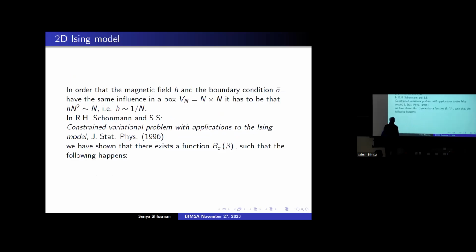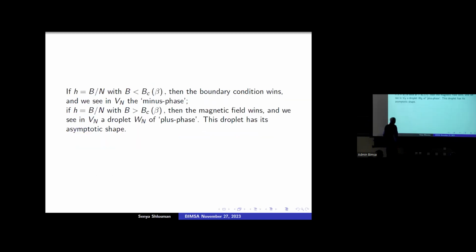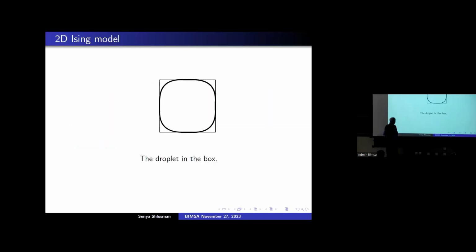Okay, so we studied this question with Roberto Schonmann some years ago, and this is what we found. If you prepare your 2-dimensional Ising model appropriately, that is, you put minus boundary condition outside and you put a small plus magnetic field inside, then you will create a droplet like the one I was telling you about, and it will have this asymptotic shape, like the one we wanted.